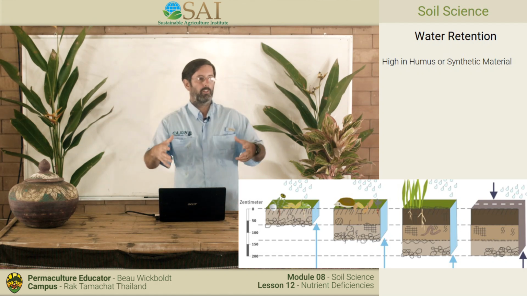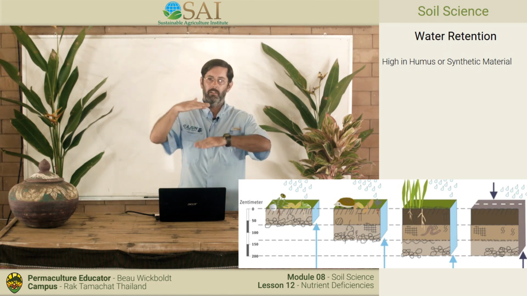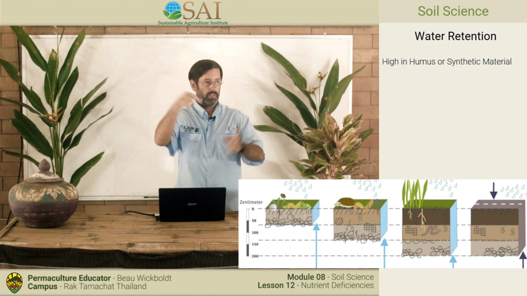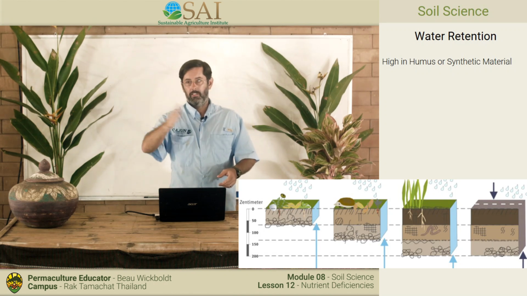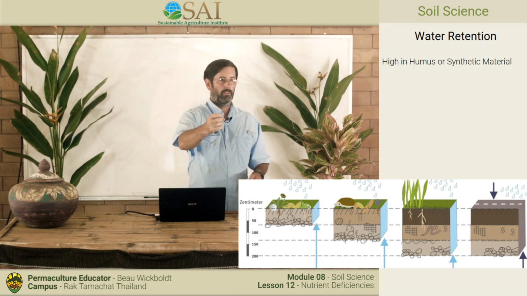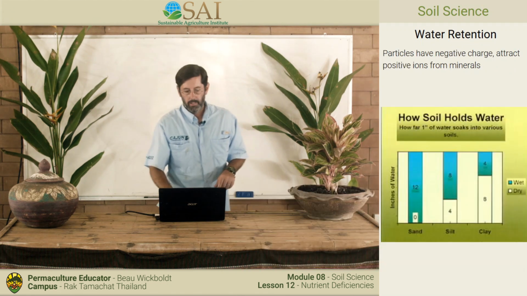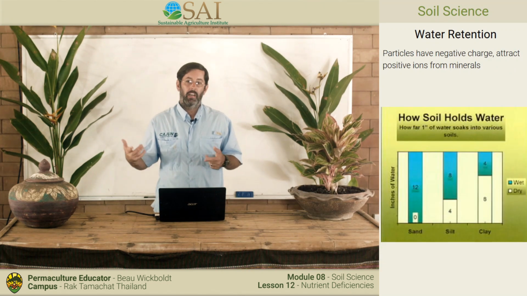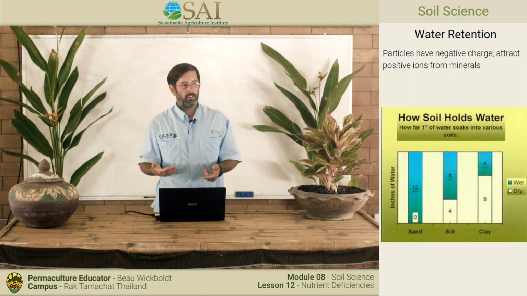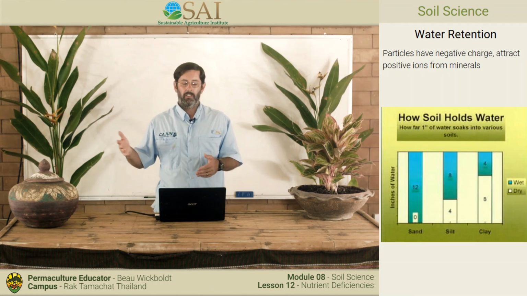So what we're working on is trying to create that designer capillary action. So then the plant that's in it has access to water, and the water is where the nutrient exchange takes place because the bacteria lives in the water. The particles in the water, the cation-ion exchange, have negative charges and they attract positive ions from the minerals.